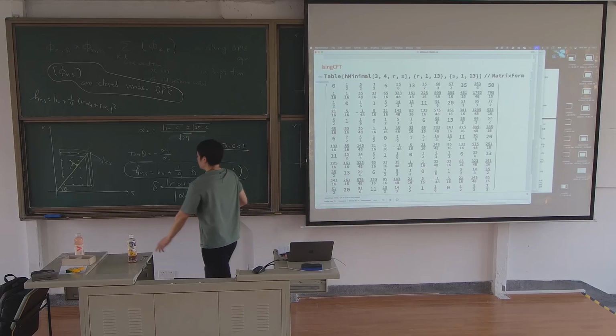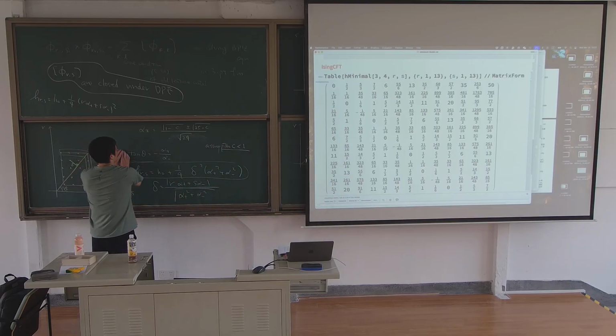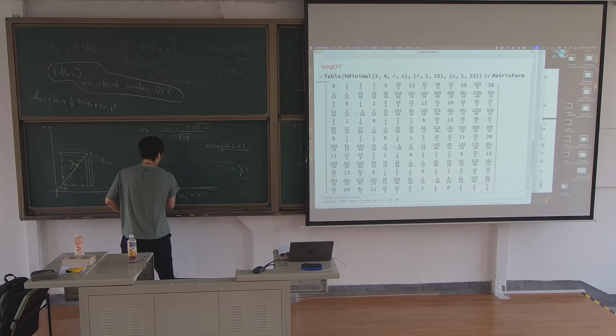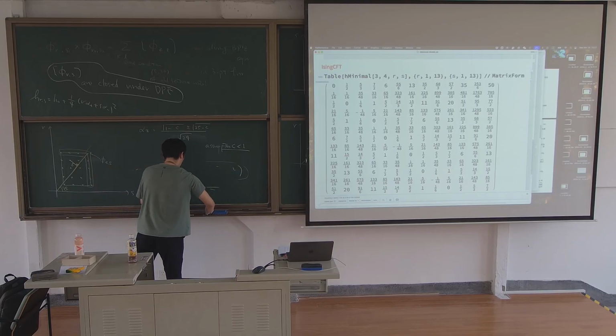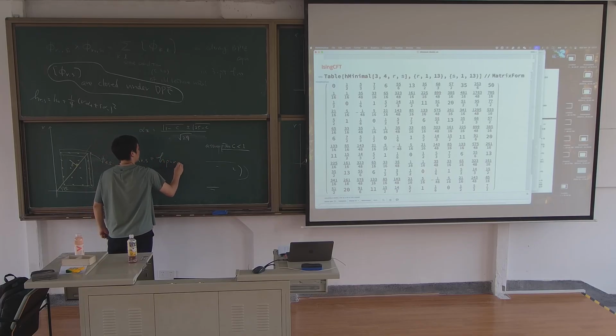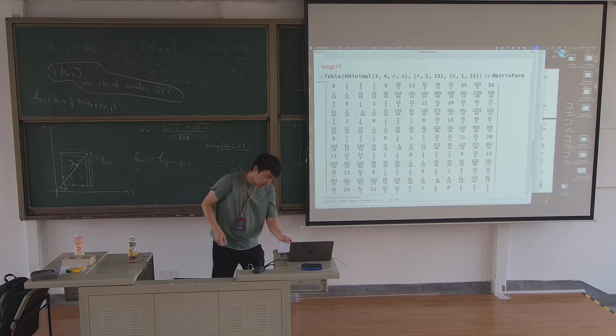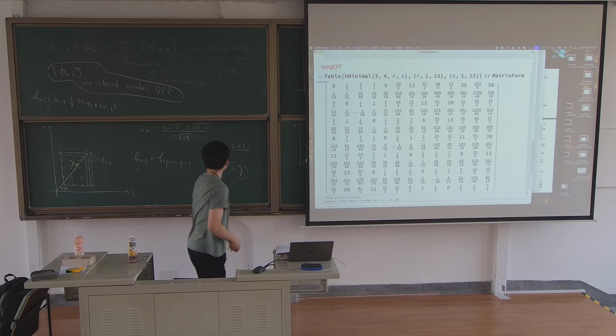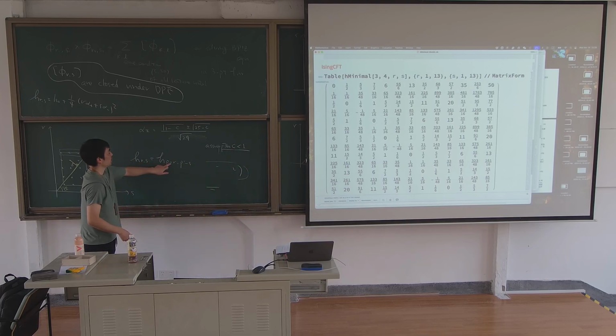And then the property is that, as I mentioned, H_{r,s} is equal to H_{p minus r, p prime minus s}, as far as I remember. Yeah, that's true. So for instance, in the case of Ising, p is equal to 3, p prime is equal to 4.